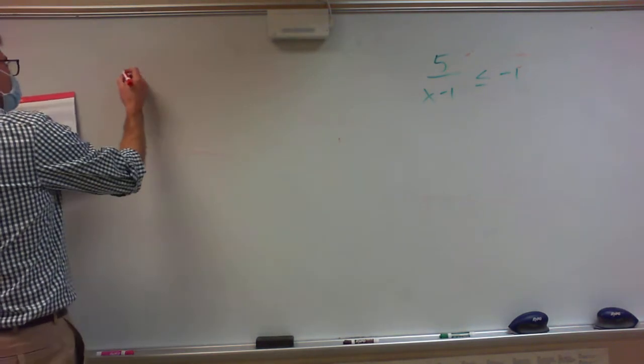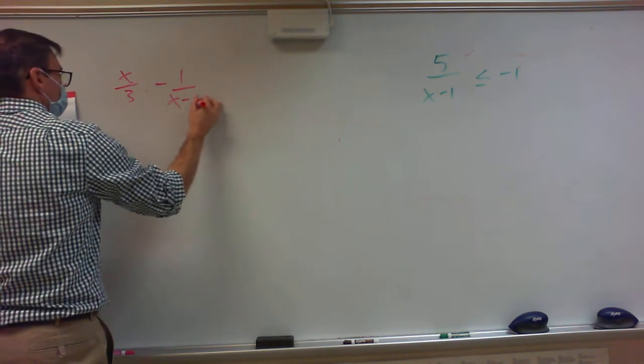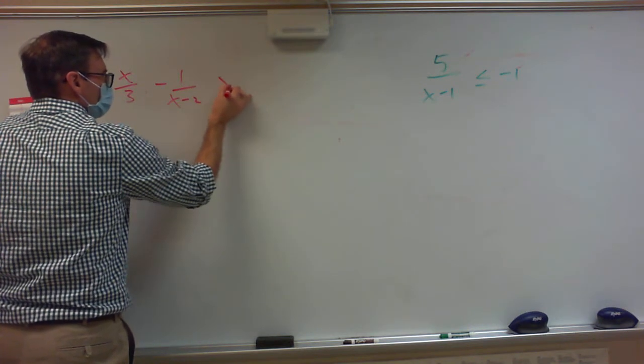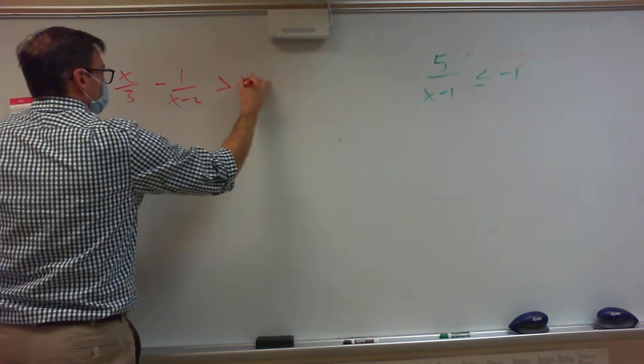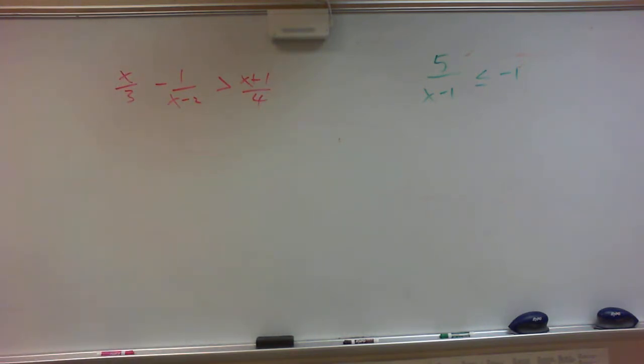So, what if I give you x over 3 minus 1 over x minus 2, and this one I want greater than x plus 1 over 4. Is this the problem we did earlier?